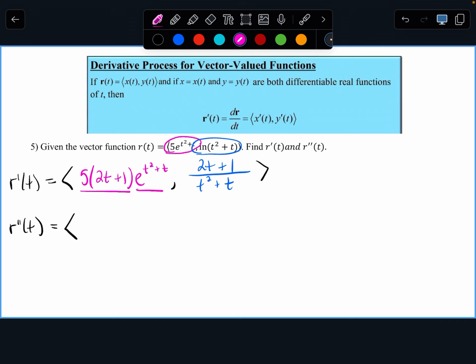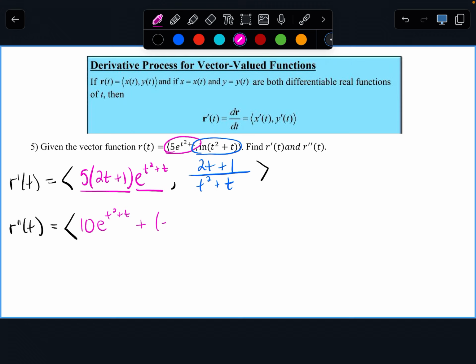So it's nice and long. So the derivative of the first would be 10 times the second, plus the derivative of the second, which is basically the same thing, right? Because the derivative of the second we already did, times the first.